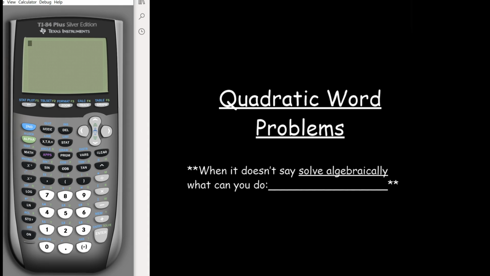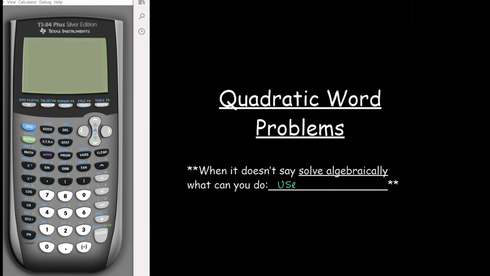All right. So when we have quadratic word problems, most of the time, they are not going to say the words solve algebraically. When it doesn't say solve algebraically, what can you do?